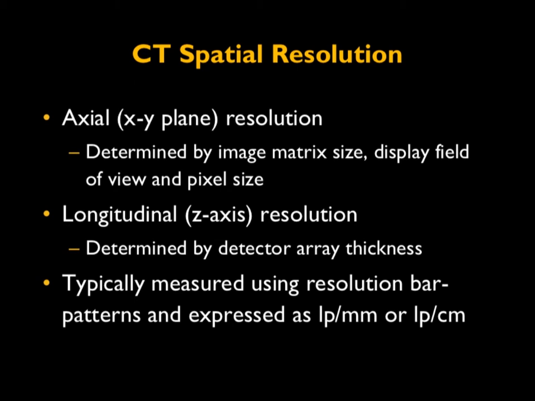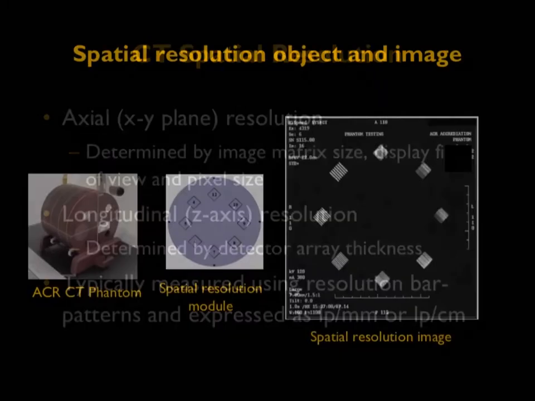Typically, the spatial resolution in CT is measured using resolution bar patterns, expressed as line pairs per millimeter or line pairs per centimeter. There are more sophisticated and detailed ways to measure spatial resolution, but a quick visual evaluation can simply be done by imaging a bar pattern.